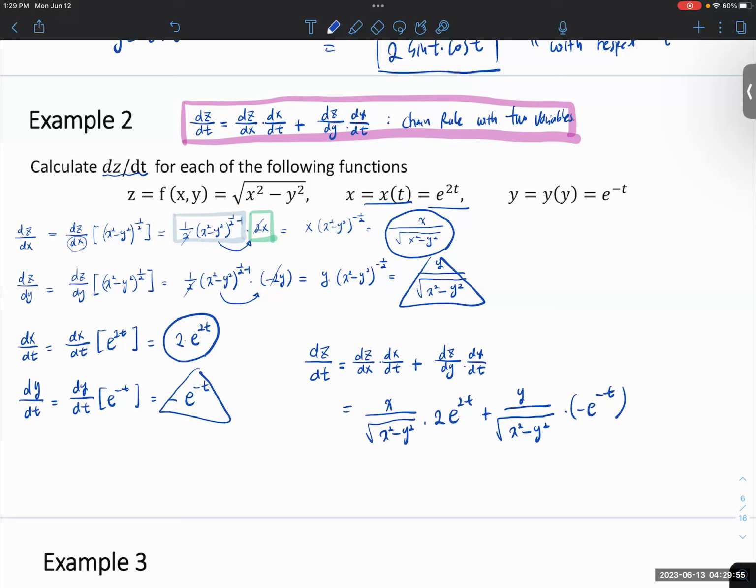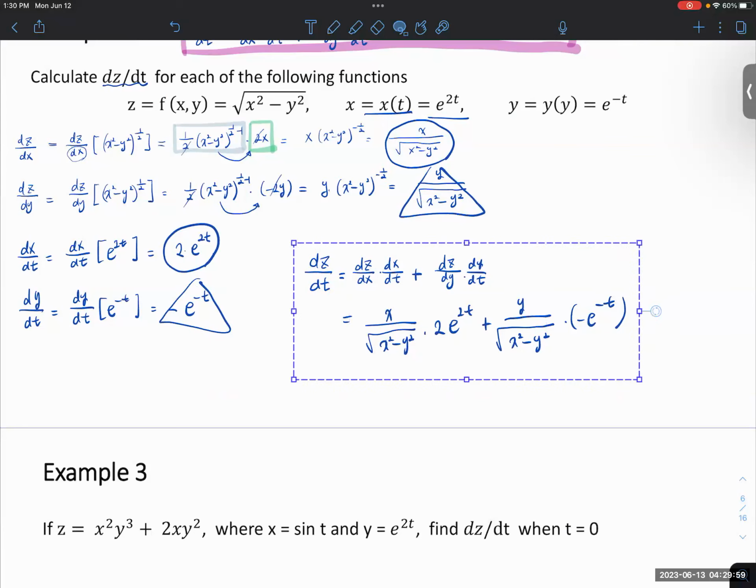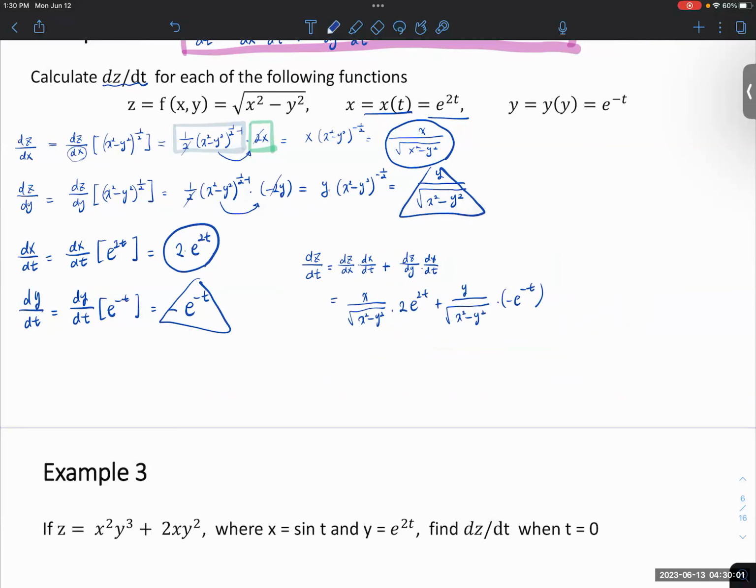Are we okay? Now I can combine them. Let me just minimize it. If I rewrite it, this is going to be 2x e to the 2t, actually minus because of the negative here, so negative y e to the negative t, and they have the same denominator, radical x squared minus y squared.